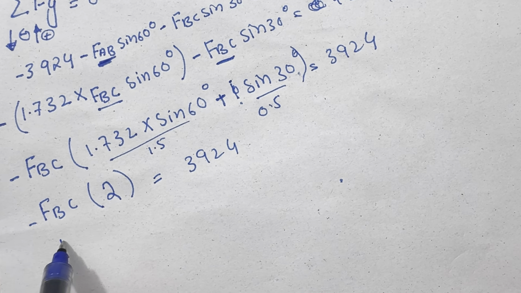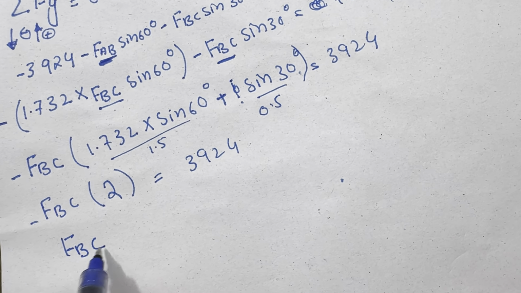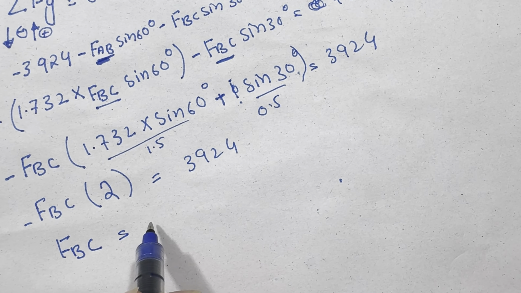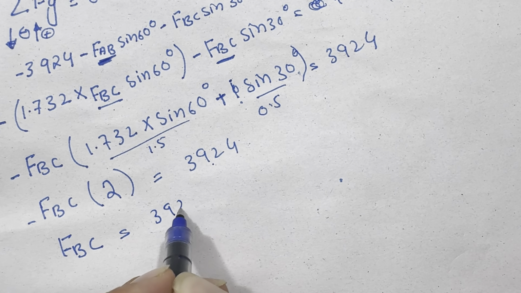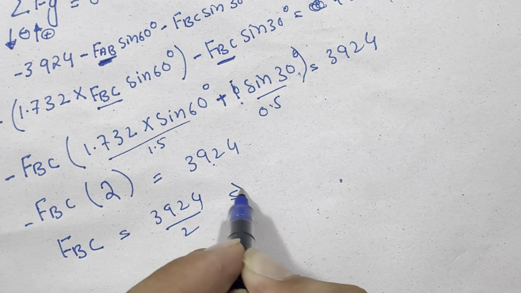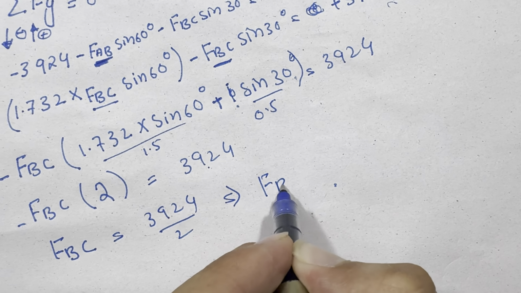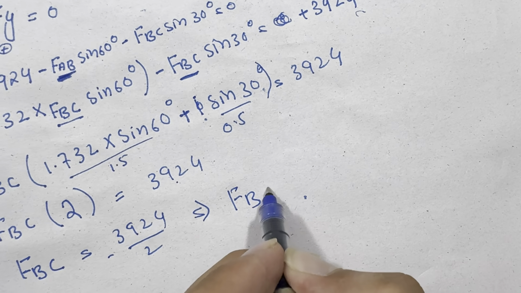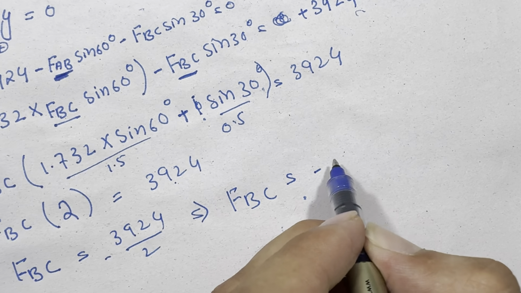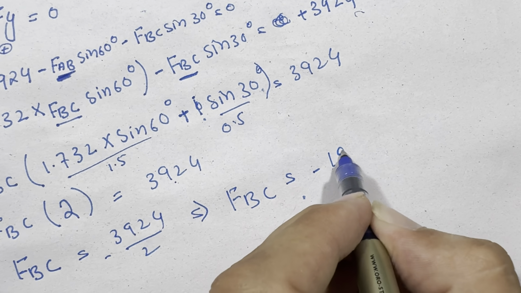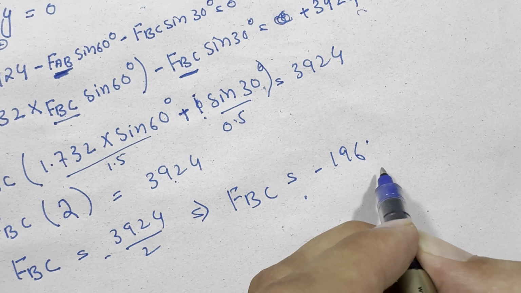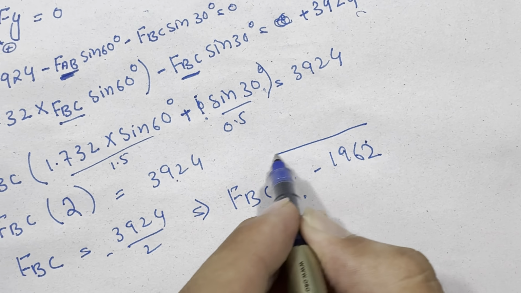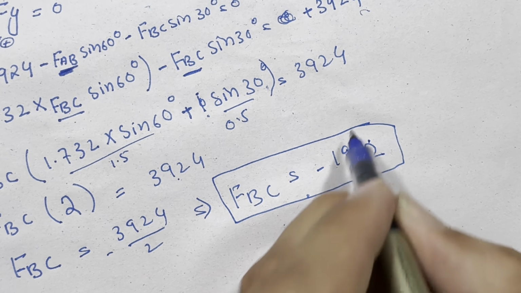So FBC is equal to 3924 divided by 2, which is negative 1962.